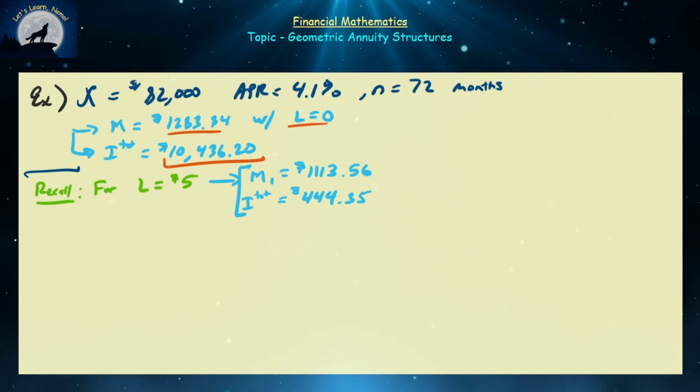And then we were like, okay, if we structure that under the arithmetically increasing structure, will that be better for us, the consumer? And we're like, oh, well, our monthly payment is slightly lower than usual. It's about $150 less. And most importantly, we only end up paying $444 in interest, which is very different compared to that of just our level payments.